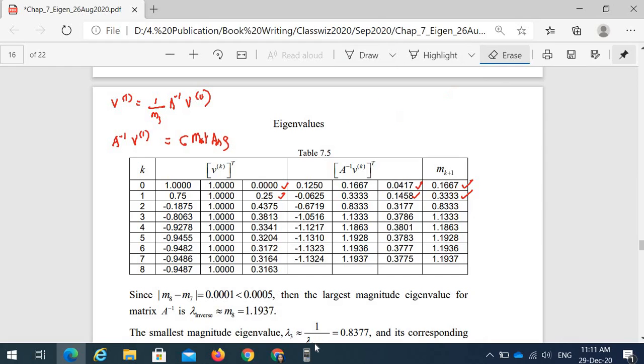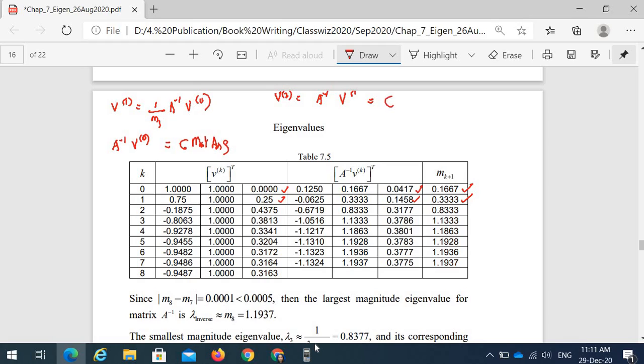Repeat the process where your A inverse, this one is your V2. A inverse multiply this one, this is V1. So again it's C times your max answer.